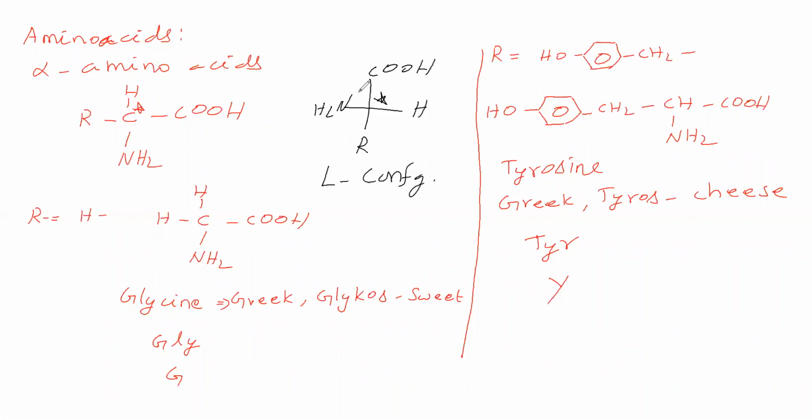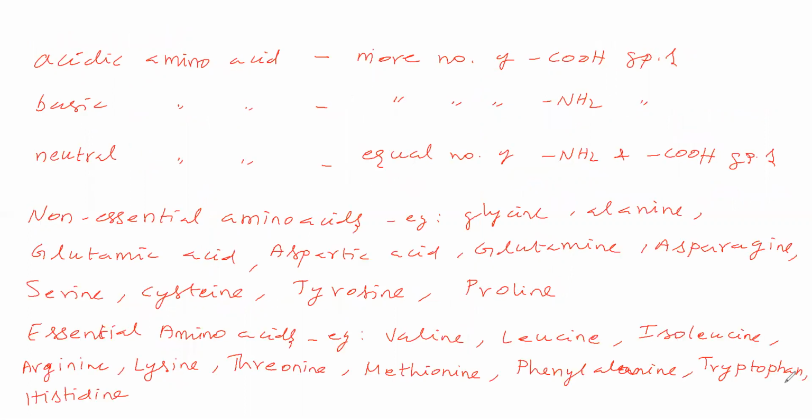Next, for the non-essential and essential amino acids, we will see what the R group is. Now we will take the non-essential amino acids. For alanine, R is CH3.